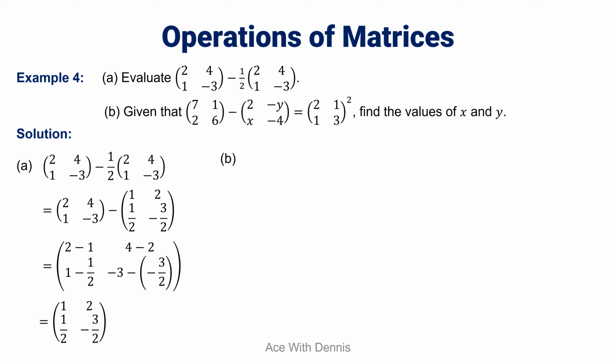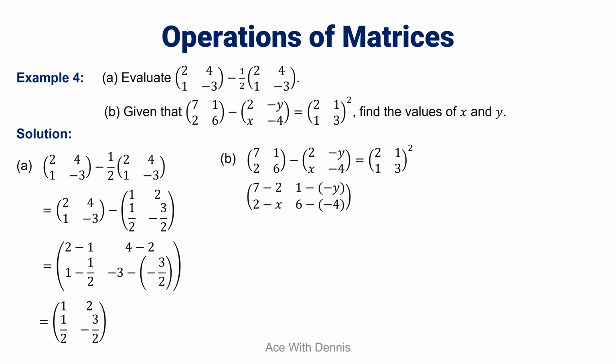Next, question B. Given this equation, from the left hand side, we can subtract the corresponding matrices since it is an operation of minus. So we have matrix [7 minus 2, 1 minus -y; 2 minus x, 6 minus -4].